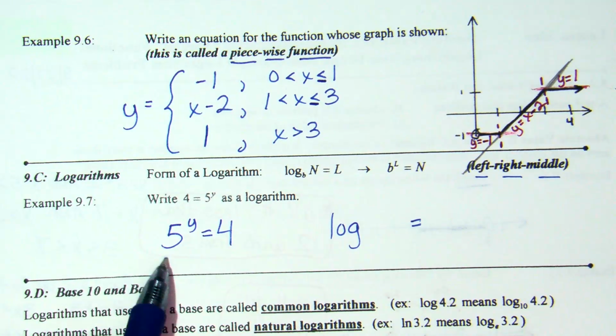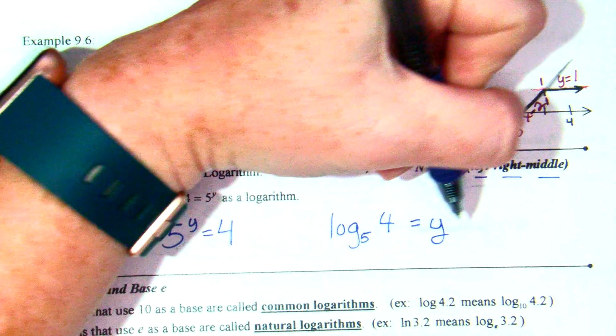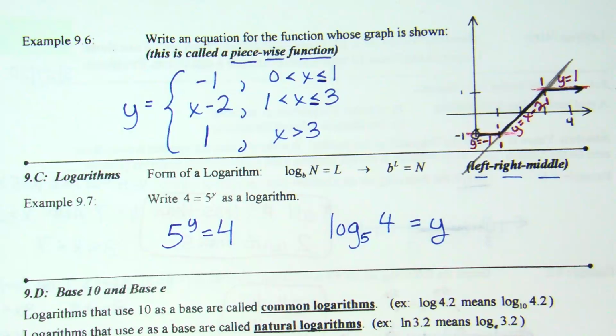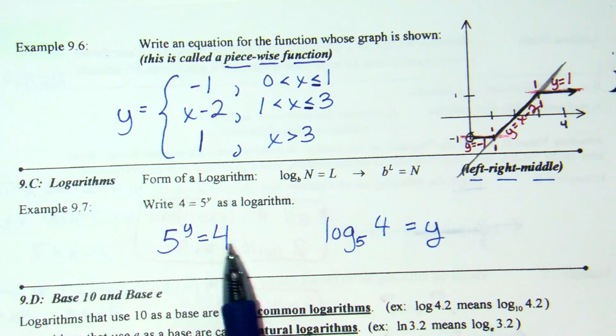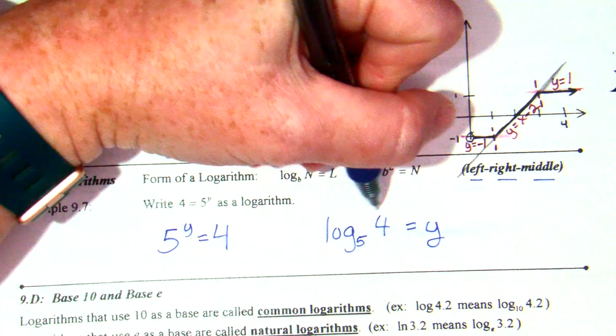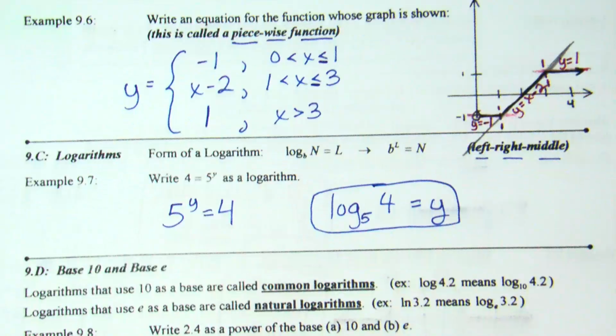Log base what? 5. The base of my exponent is also the base of my log. Log base 5 of what? 4 equals y. Besides just left, right, middle, which works great going from log to exponent, to go from exponent to log, I tend to think my base of my exponent is my base of my log. The y and 4 flip-flop to be 4 and y. Come up with what works for you. Okay?